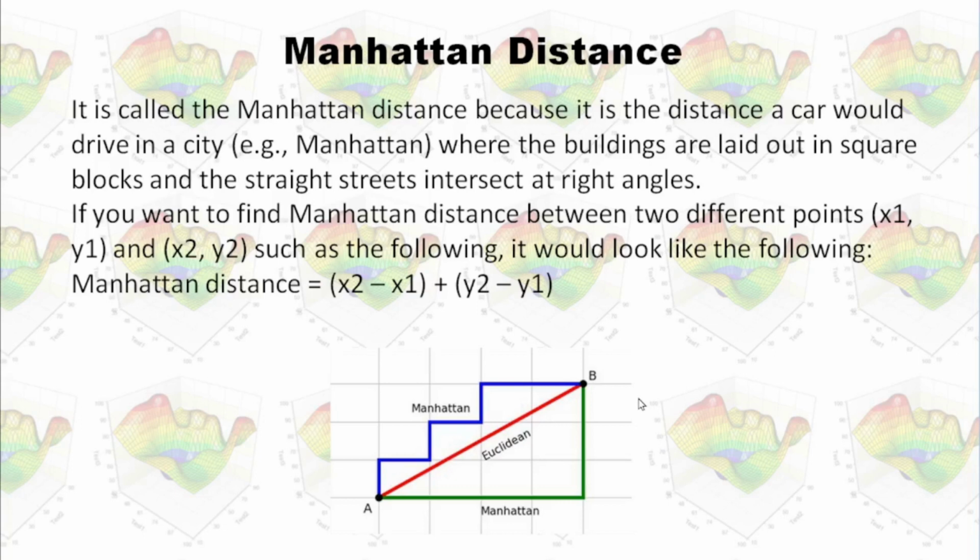Even though you can take different routes, like this blue line, if you think about the result, for the x coordinate, this distance is equal to this distance, and this distance is equal to this distance, and also this distance is equal to this distance, and the same logic with y coordinate. And so if you sum those up, it will give you the same result.